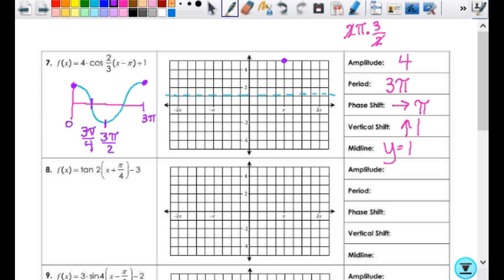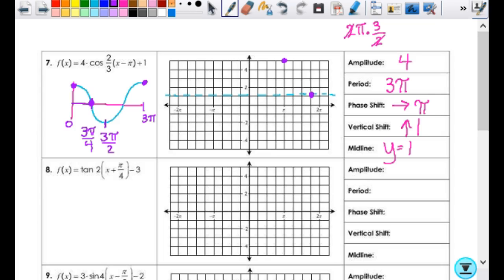Okay, so the distance here is 3 pi fourths, which is 3 spaces. To go from this point to a point that would be an intercept, but it's actually going to be on my midline, I can go 1, 2, 3. That's 3 pi fourths. Here's that point right here. I just plotted this point right here.